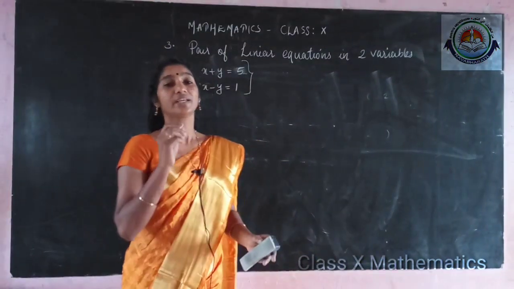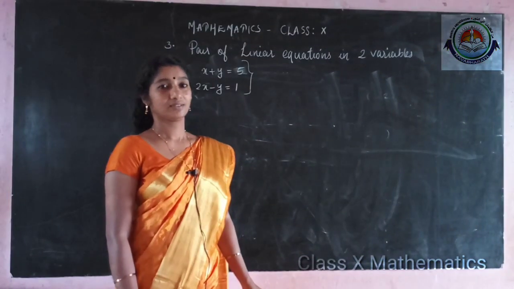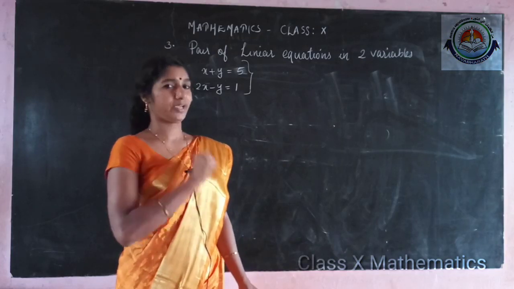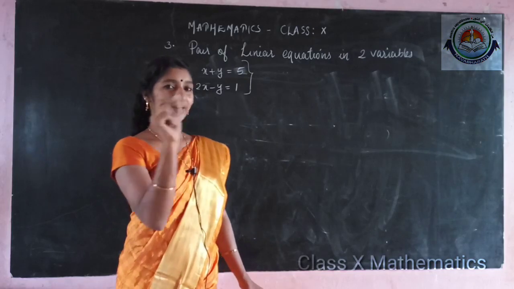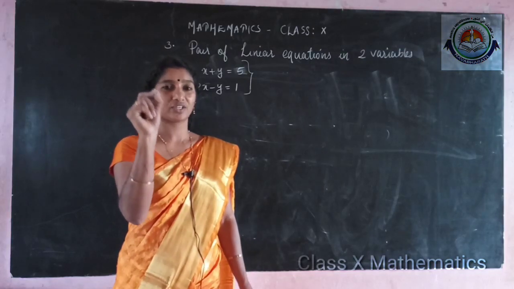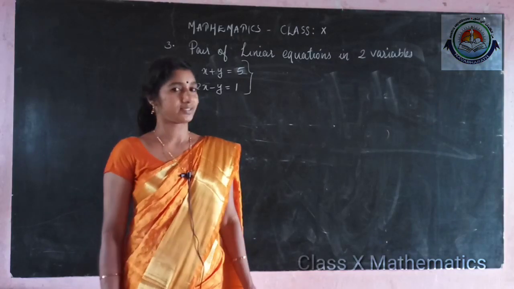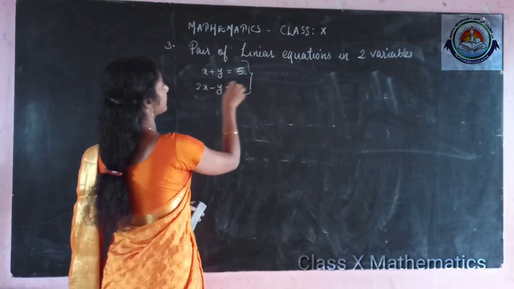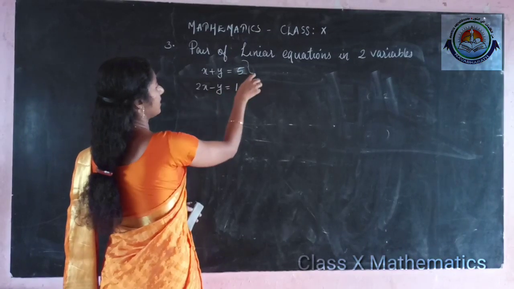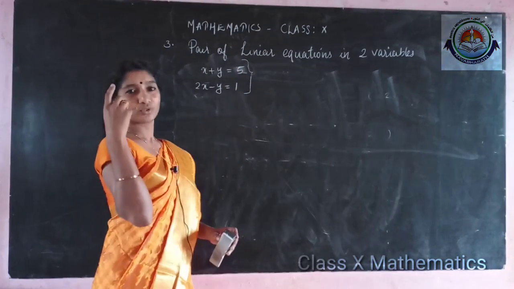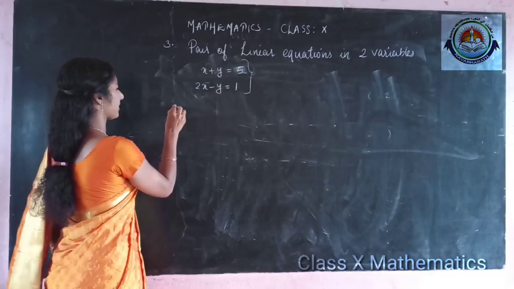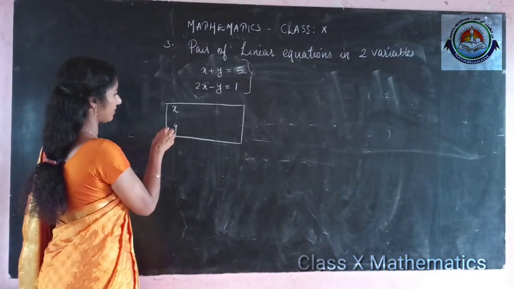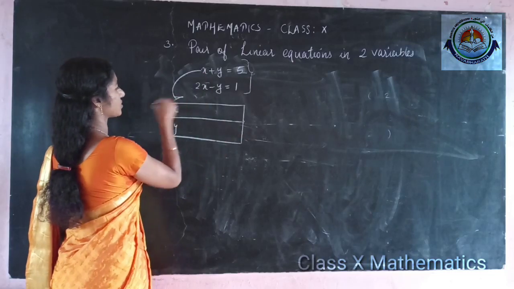How many points do we require to draw a straight line? To draw a straight line we need a minimum of 2 points. If you get 2 points, you can draw a straight line by joining them. Infinite solutions exist for this expression, and among them we take any 2 values of x and y which satisfy the first equation.